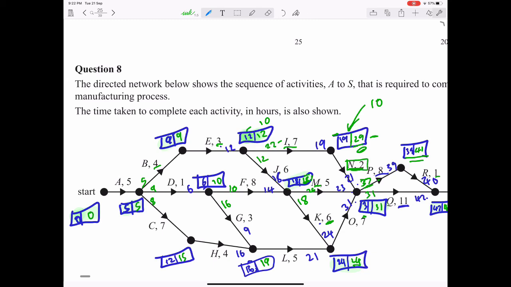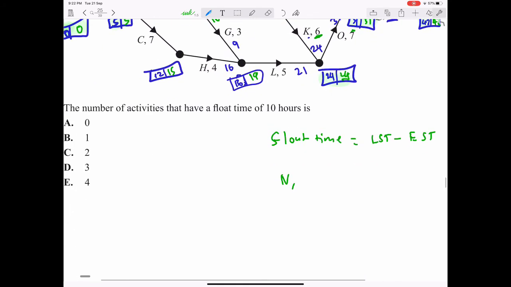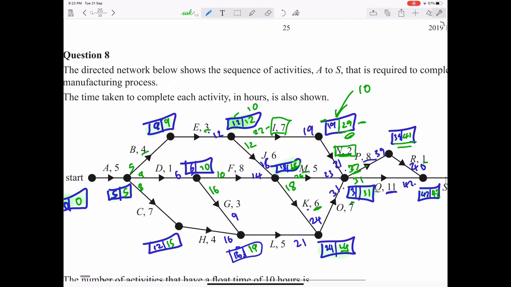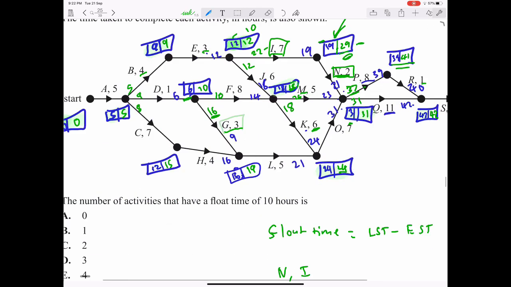So we'll just put that in box I. And I think the last one is G, which has a float time of 10 because we can see the latest start time 16 minus the earliest start time 6 is 10. So therefore activity G has a float time of 10 hours.